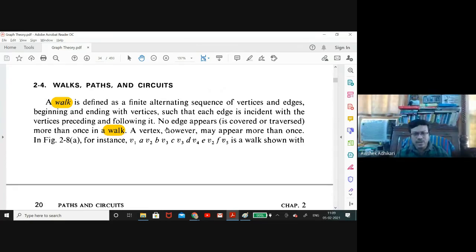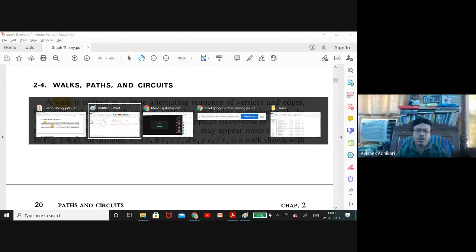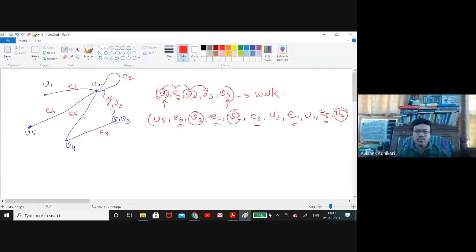So in the definition they have included this property that no edge should repeat more than once. But many other authors call work any sequence of alternating vertices and edges, starting with a vertex and ending with a vertex.